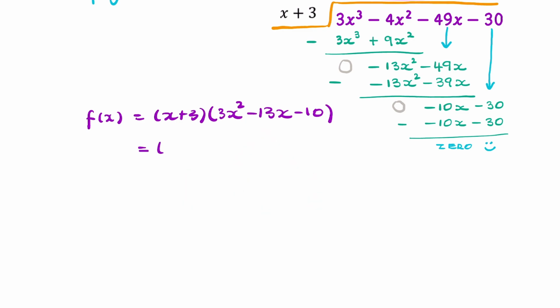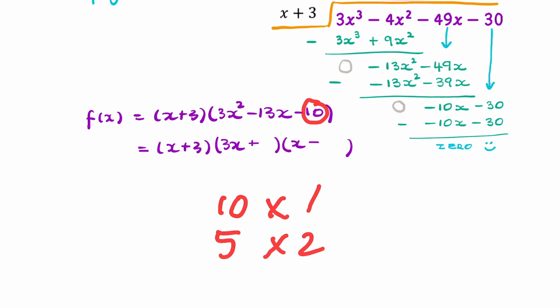So let's try that. You would open two sets of brackets, and 3x squared is 3x times x. So that's your first two terms. Now, because this is a negative sign, it means that these two signs have to be different. The only way we can get a negative is a positive times negative. So that's the signs. And 10 is either 10 times 1 or 5 times 2.